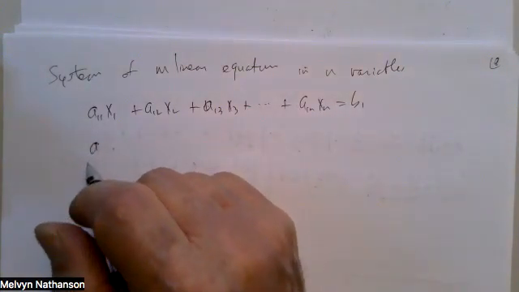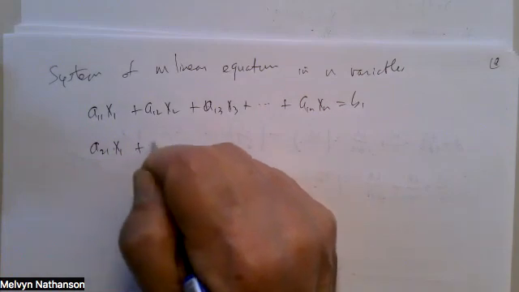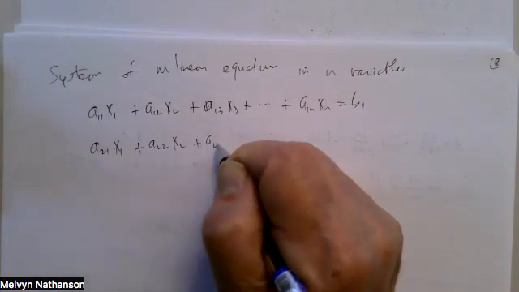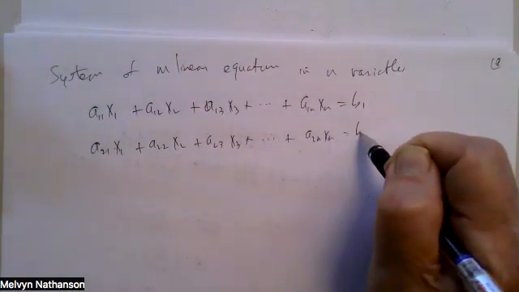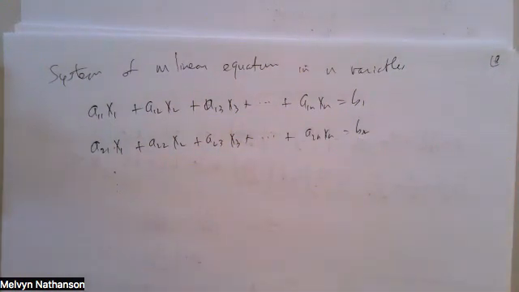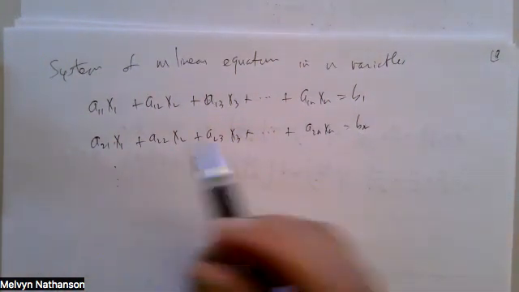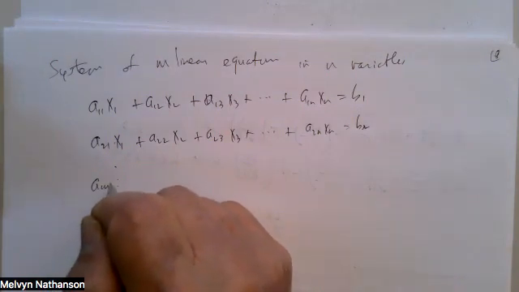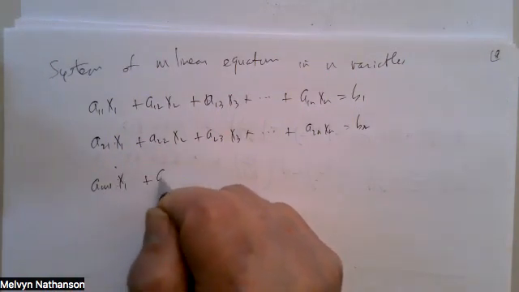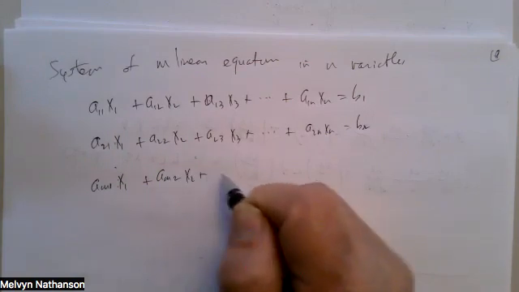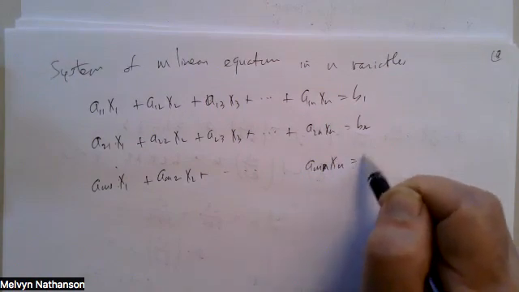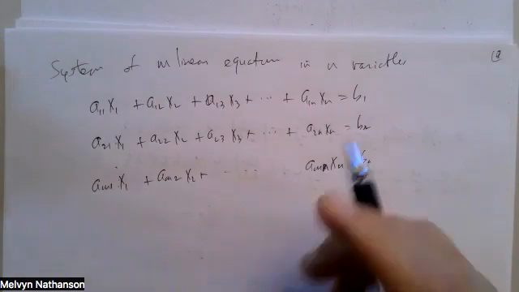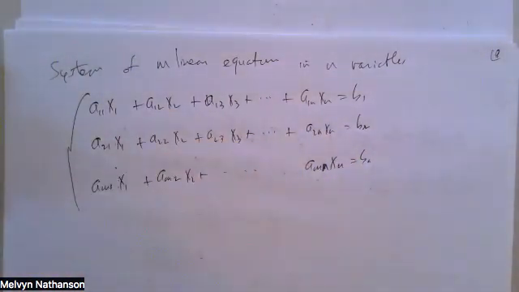The second equation we would write as a21x1 plus a22x2 plus a23x3 up to a2nxn equals b2. And we have m equations altogether. The last equation would be am1x1 plus am2x2 up to amnxn equals bm. That's what a system of m equations in n variables looks like.